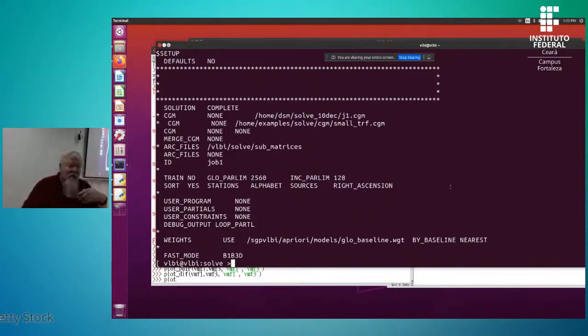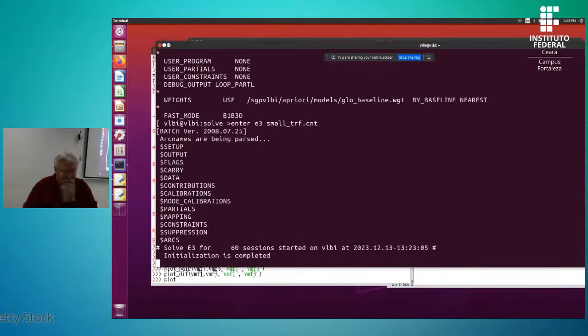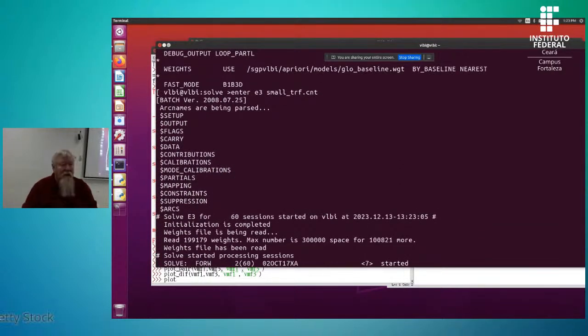Now we're going to do a global solution with this. This is going to be a global solution with 60 arcs. I think everybody's works except for all the Aldos, and I'm not sure why yours doesn't work. But let's do enter E3 small_trf.cnt.